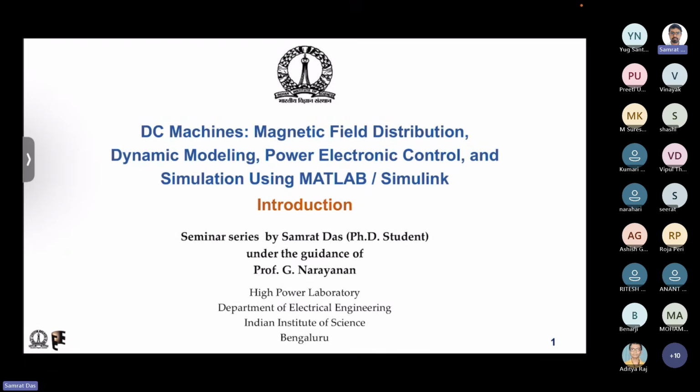So the course title goes by DC machines, magnetic field distribution, dynamic modeling, power electronic control, and simulation using MATLAB Simulink. So that is the course title. Our focus is on DC machines, and the various topics that we are going to discuss are basically magnetic field distribution, dynamic modeling, power electronic control, and simulation of the entire system.